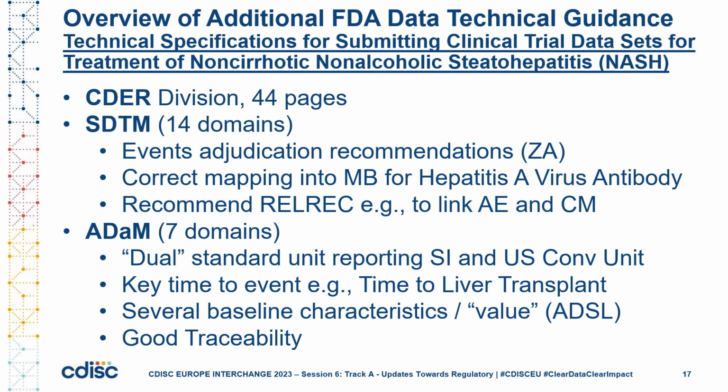So how to handle the dual unit in CDISC, whether in SDTM, SUPPQUAL, or in ADaM? This specific guidance recommends doing it in ADaM, with separate parameters for those lab parameters concerned by the dual unit reporting.